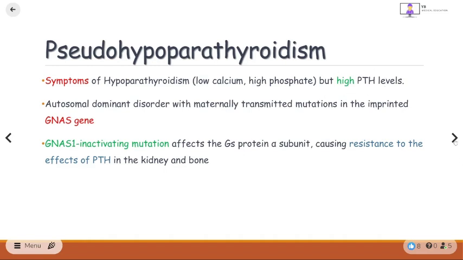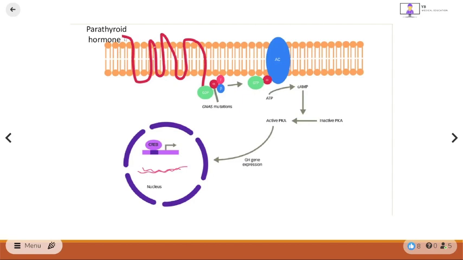So why is that? The problem is there is a mutation in the G protein, the alpha subunit of the G protein. This is responsible for the signaling of parathyroid hormone. That means it's not working. It's resistant, right?